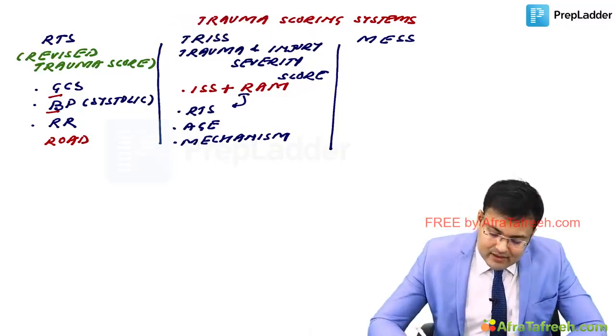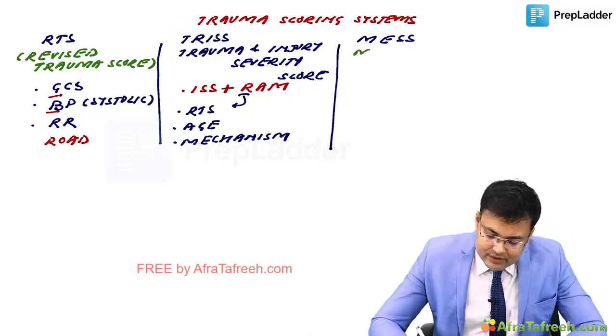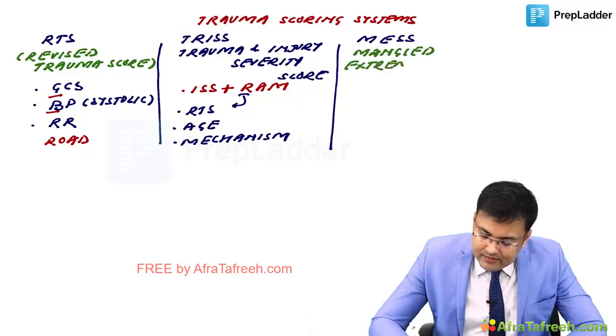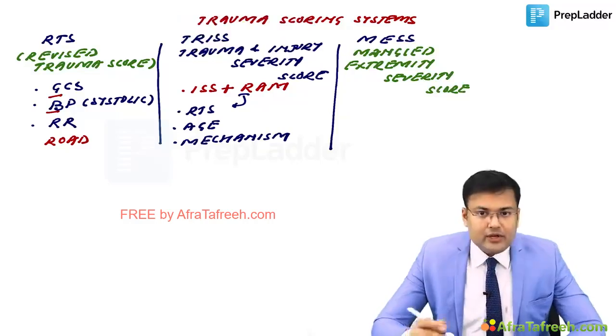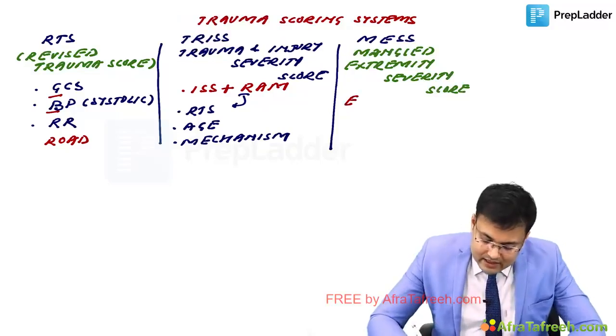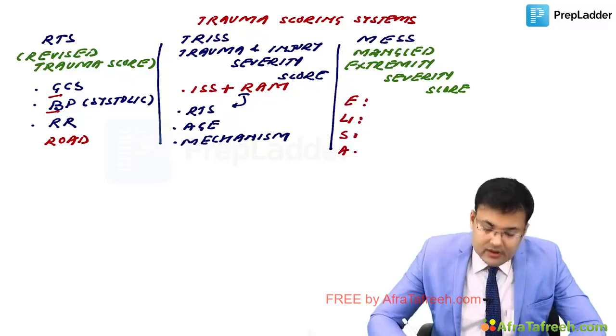This is mangled extremity severity score. How to remember? There is another mnemonic: ELISA.